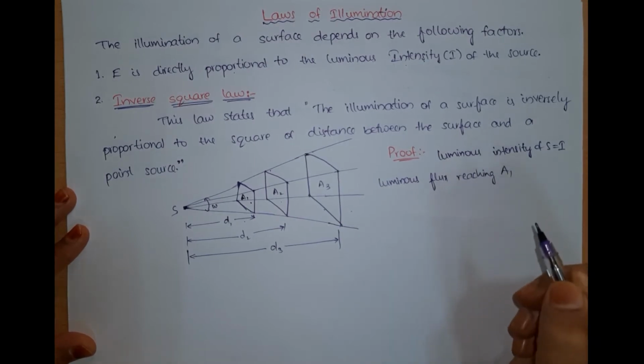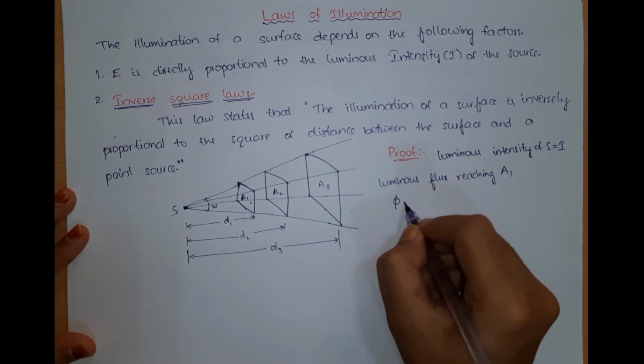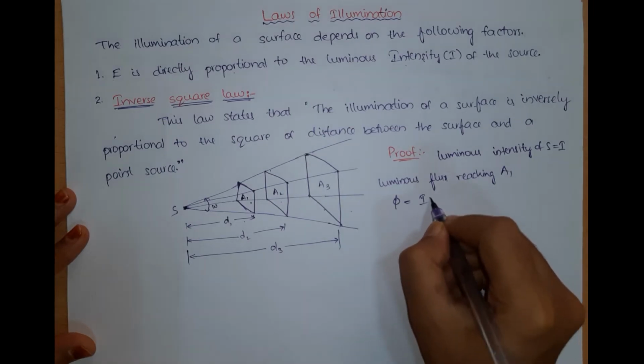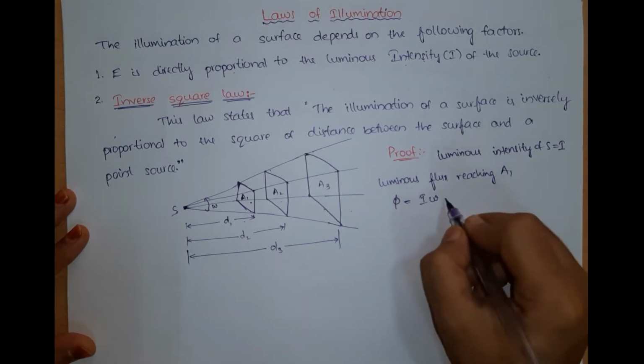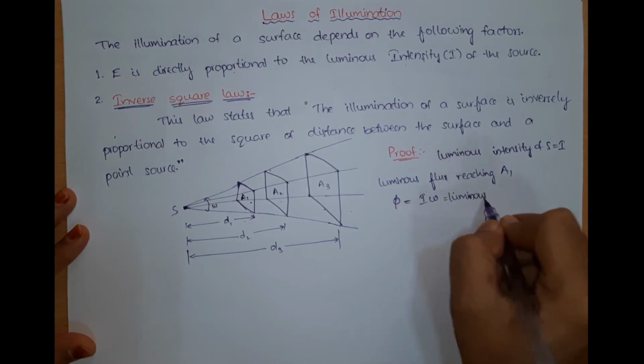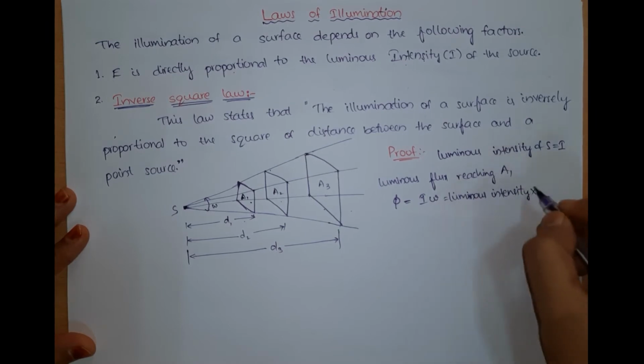Let us see. That is nothing but, we know that luminous flux phi is nothing but luminous intensity I into omega, so it is luminous intensity into solid angle.